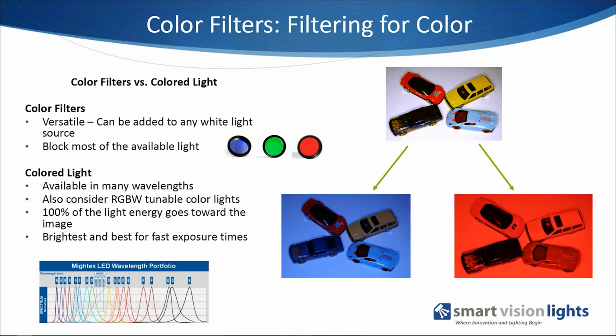You don't necessarily want the color image, you want the maximum contrast. And that's what this slide is showing you, that in blue light, the blue cars get brighter, and in red light, the red cars get brighter and the blue cars tend to get darker. And you can use those techniques for various inspections.